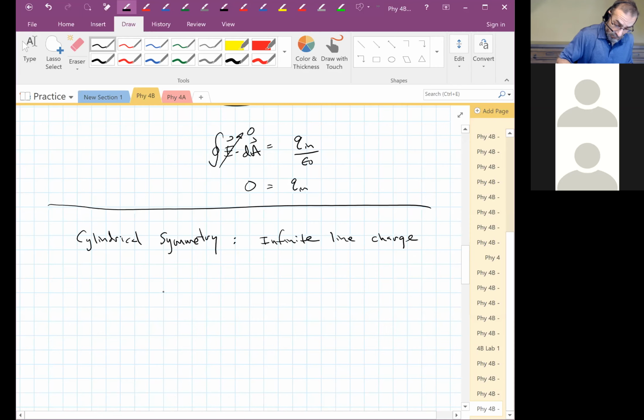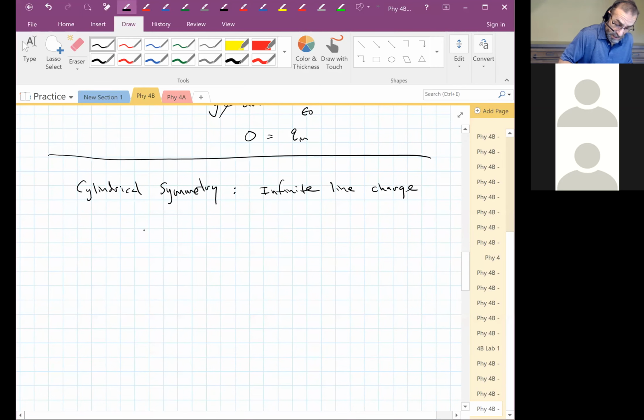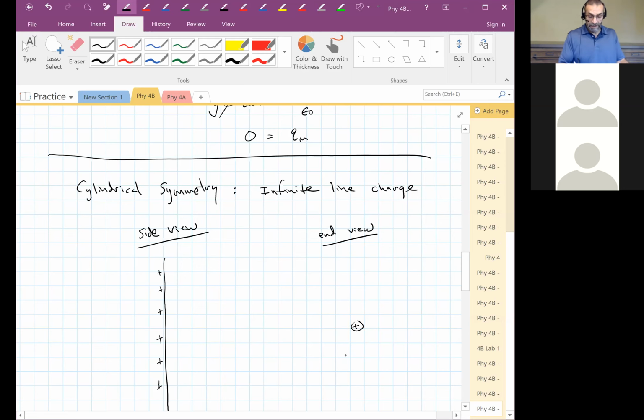So we have our infinite line of charge. Here's a side view. And here's the end view. If you're just looking at that line of charge from the end, all it looks like is a point charge.